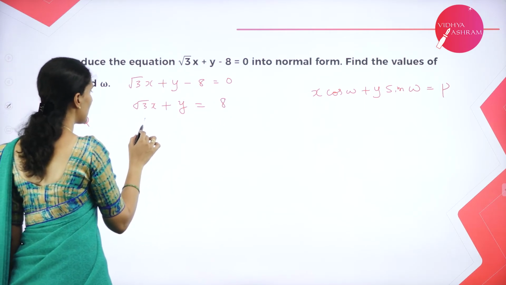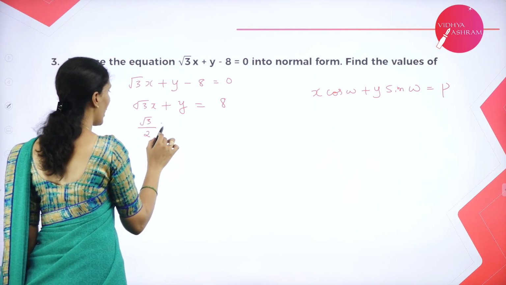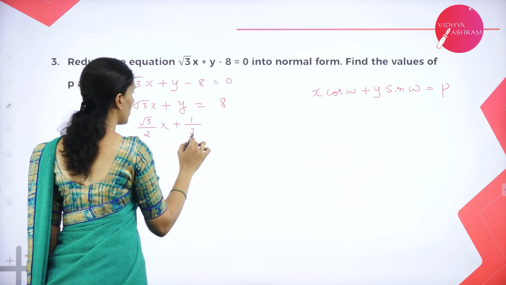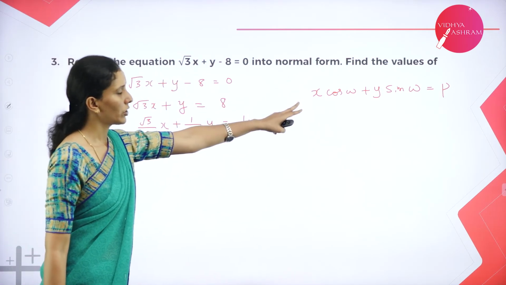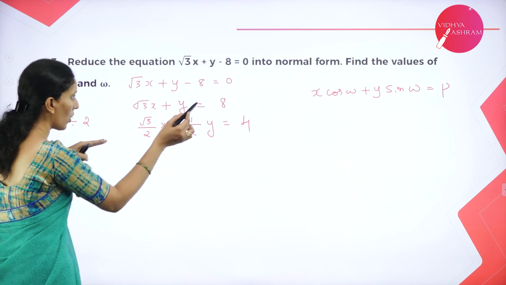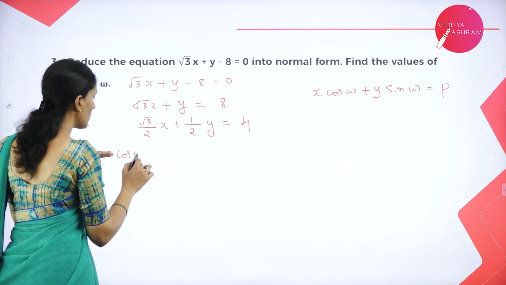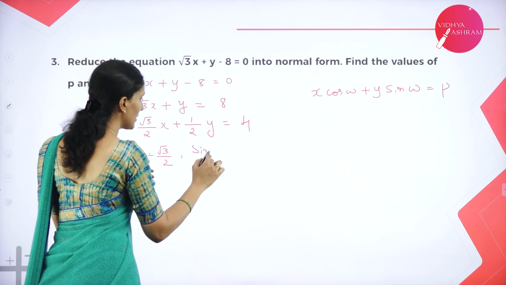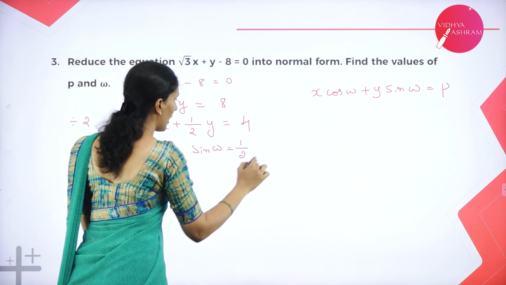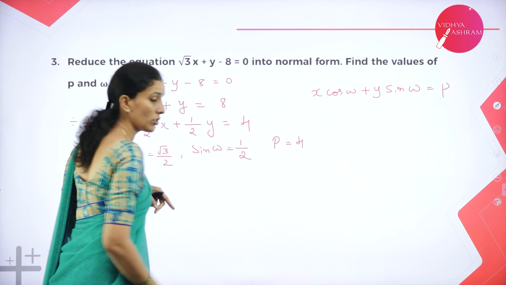So, I will get root 3 by 2 x plus 1 by 2 y is equal to 4. Now, compare this equation to the normal form. According to that, I have cos omega is equal to root 3 by 2, sin omega is equal to half, and p is equal to 4, which is found.